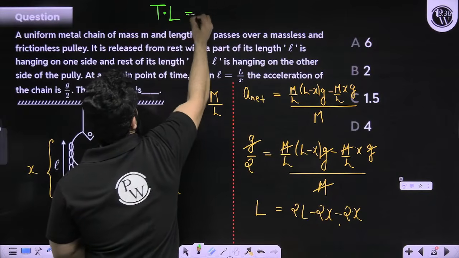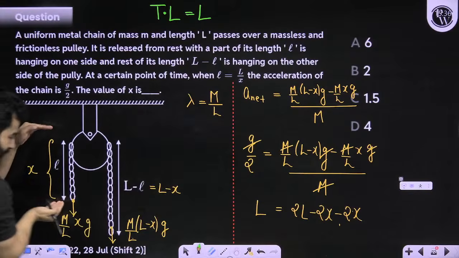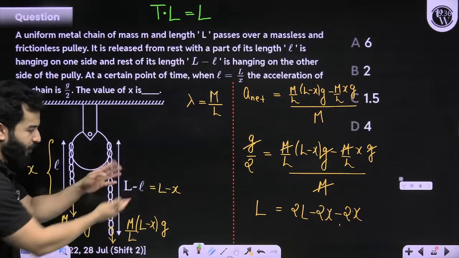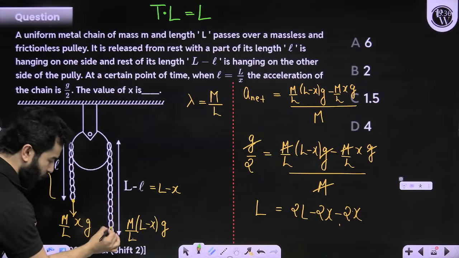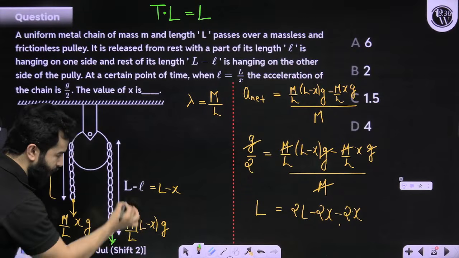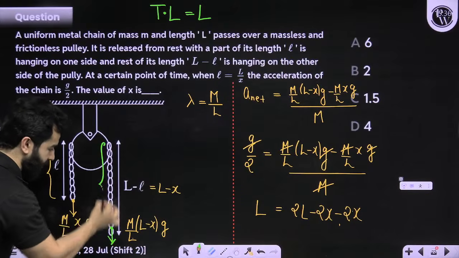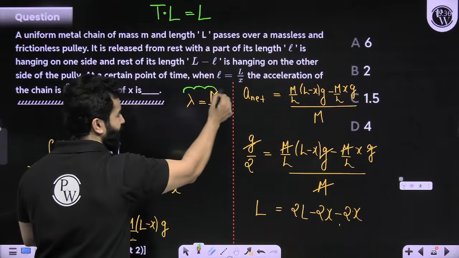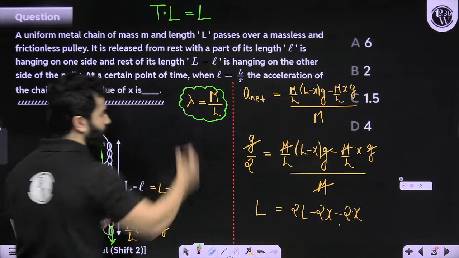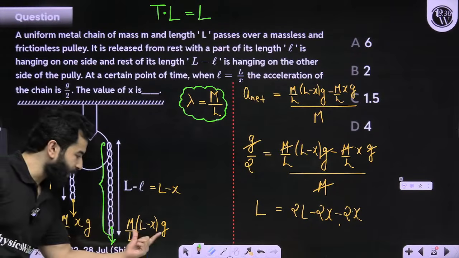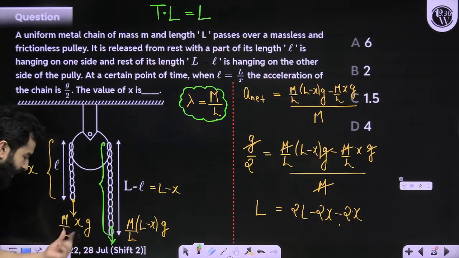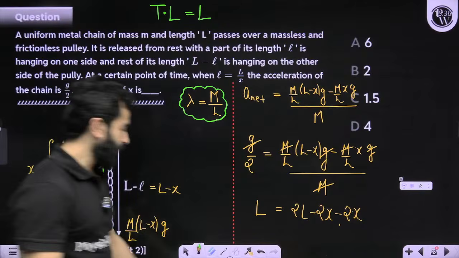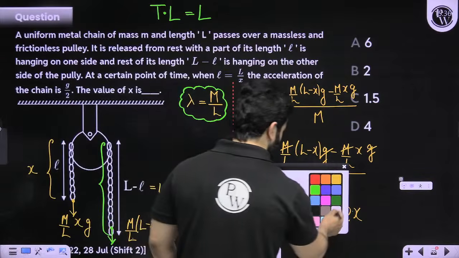Total length is L and I am saying this length is x, so this will become L minus x. Total downward force will be mass of this part of the length. So this is L minus x. Unit mass is m by L, so m by L multiplied by length. Similarly, m by L multiplied by length. Clear? Solve that, we'll get to our answer. I believe we'll get to our answer.